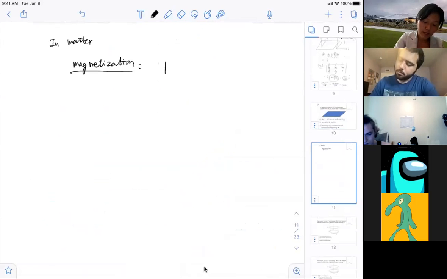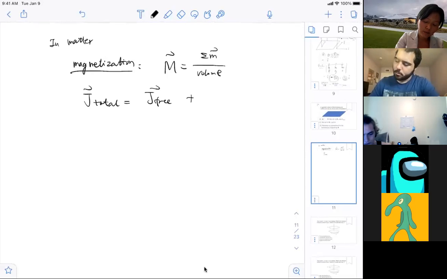Remember, we had defined magnetization to be the sum of little magnetic moments over the volume. We also said the J total will be J free plus J bound, where the J bound is simply a curl of magnetization.